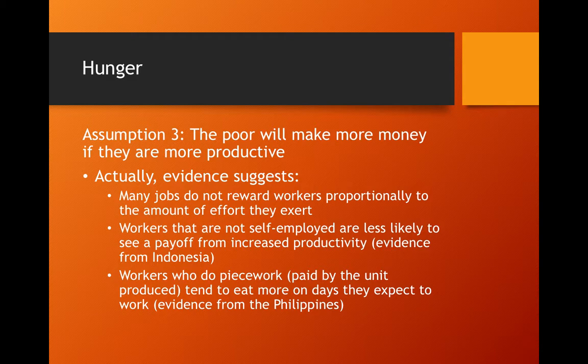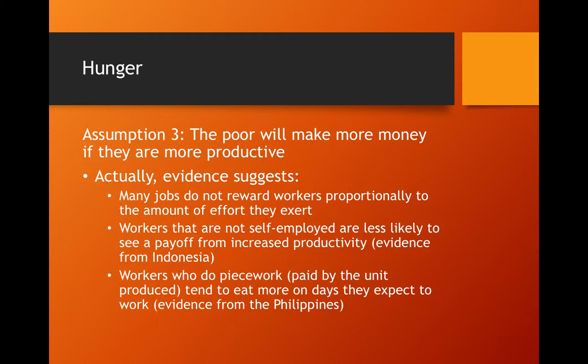They point out that many jobs do not reward workers proportionally to the amount of effort they exert. If you're a shopkeeper or something like that, there are many jobs where the amount of energy you have is not going to enable you to do more physical work and then make more money. But there are some jobs.